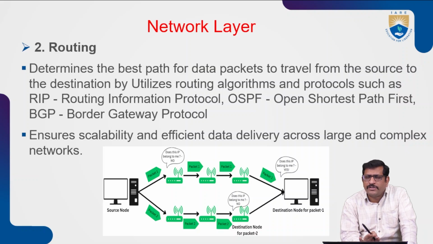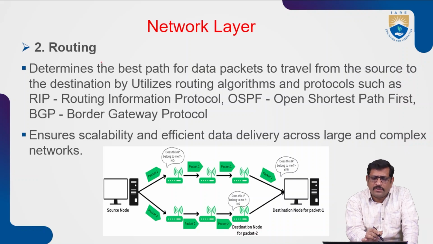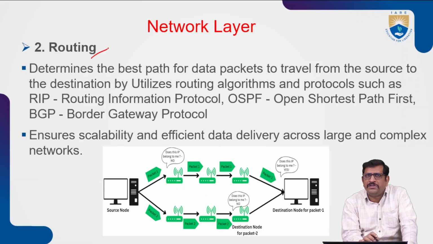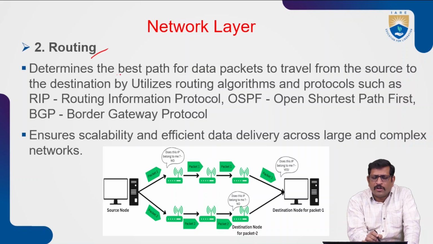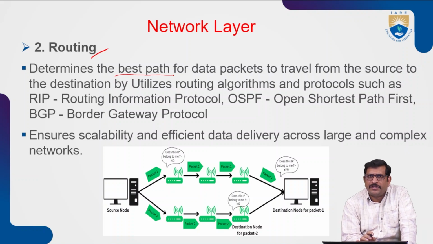By finding the best path, the data can be transferred. So routing is determining the best path, and the best path means the shortest distance from the source to the destination.